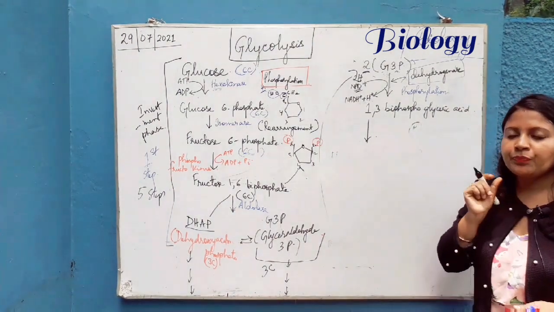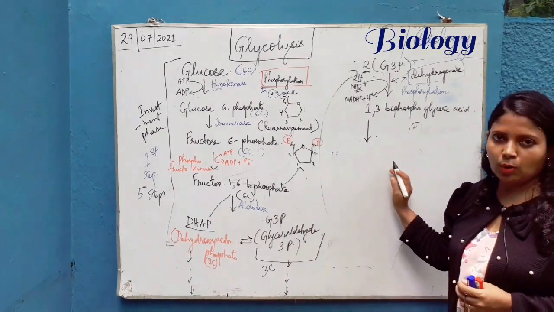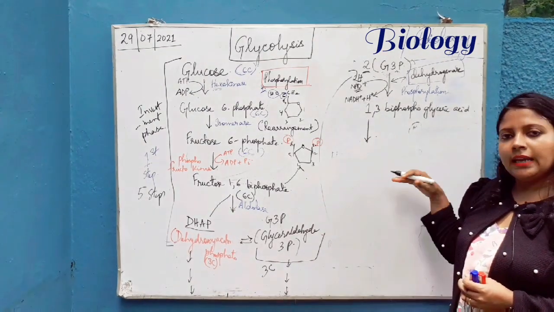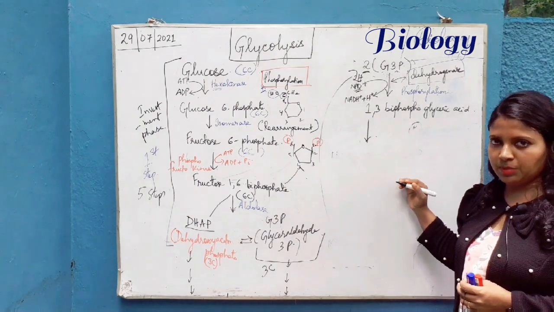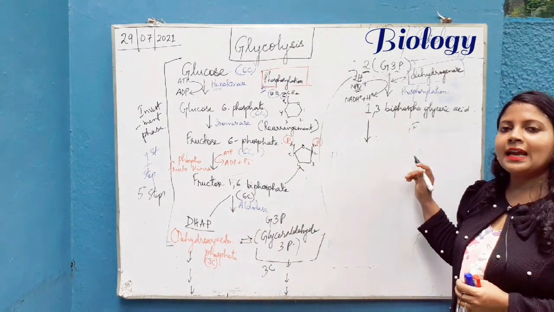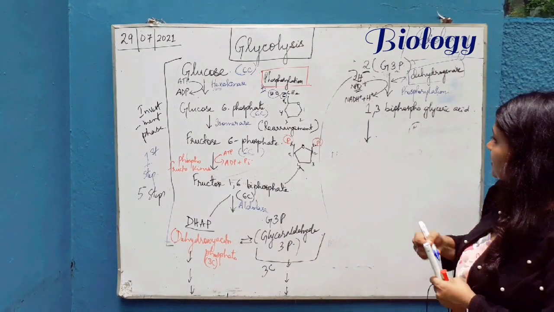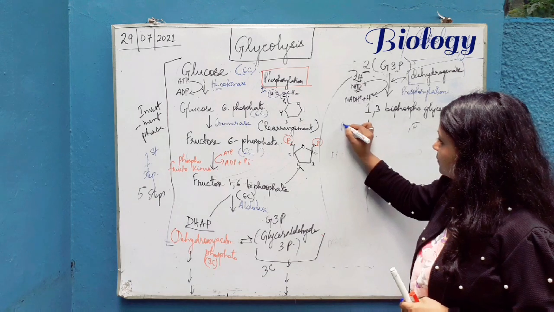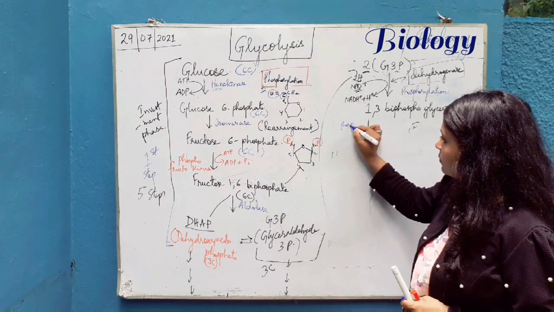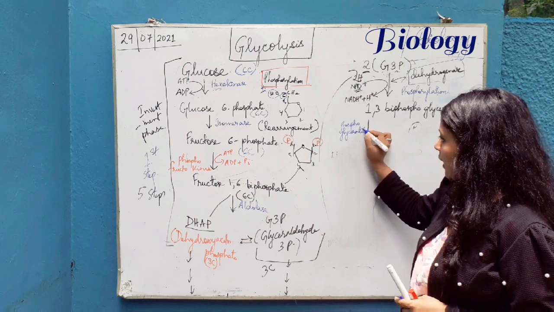After this, 1 phosphate will be taken from the compound and transferred to ADP to form ATP with the help of a kinase enzyme, that we call phosphoglycerate kinase.